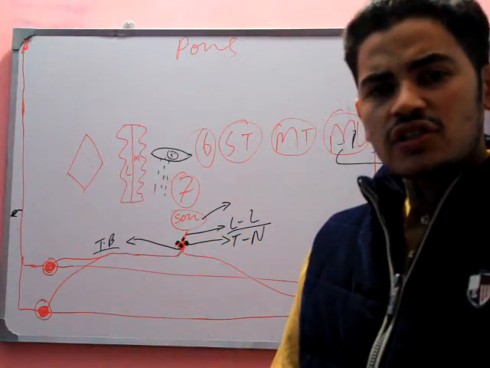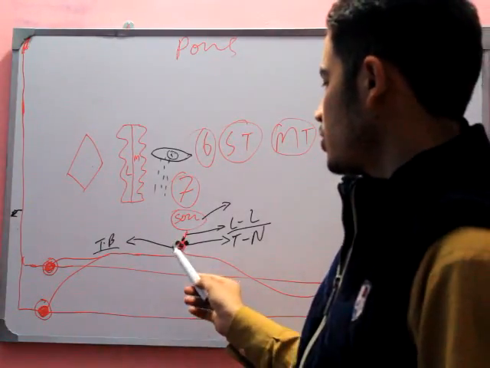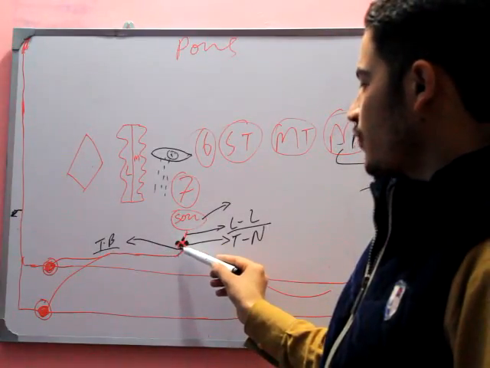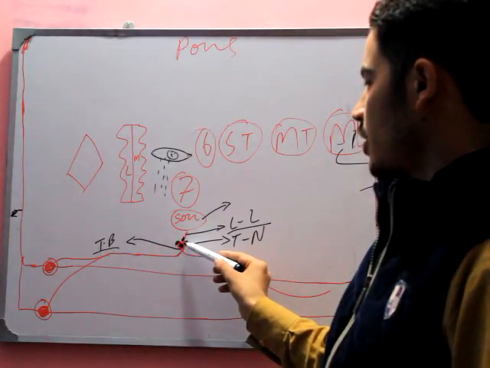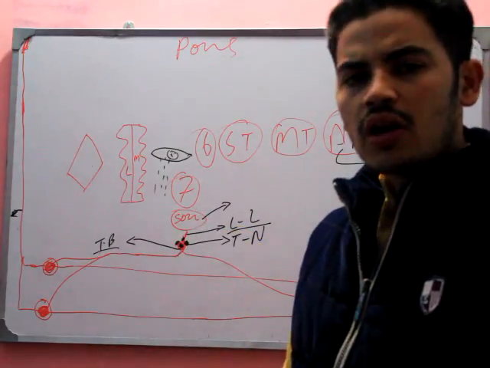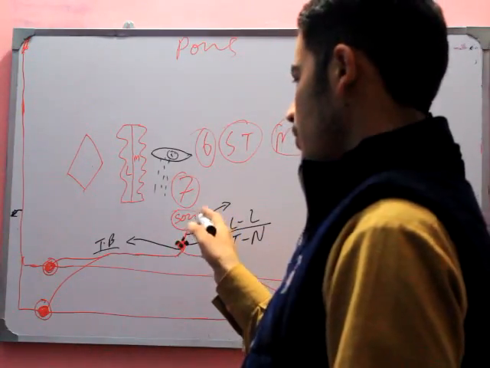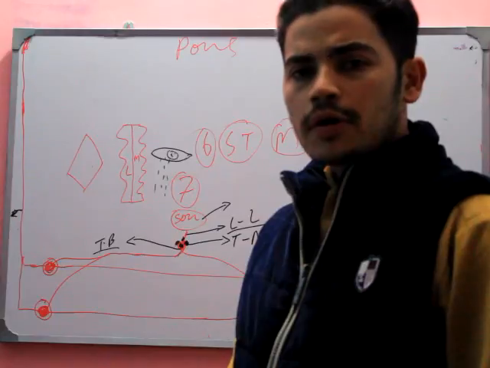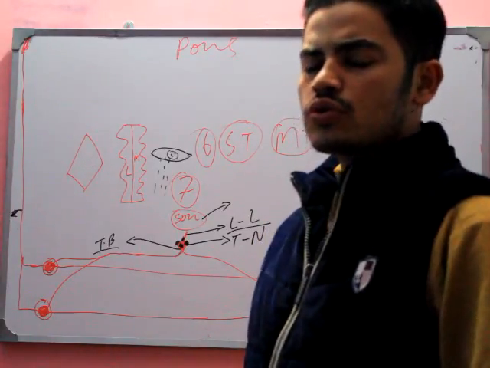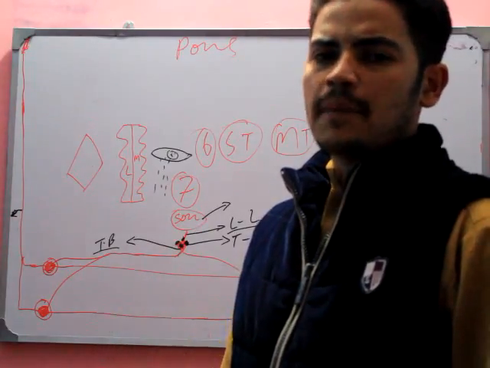Actually, these are concerned with your auditory system, and these fibers are taking auditory information first to the trapezoid body, and then through lateral lemniscus to your superior olivary nuclei, and then this information further goes to your midbrain to the colliculi, and then through the brachium to your cerebral cortex and thalami, etc.